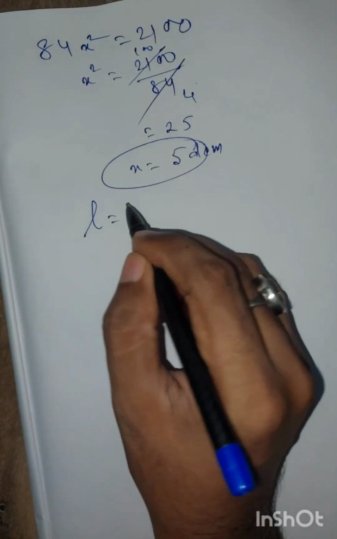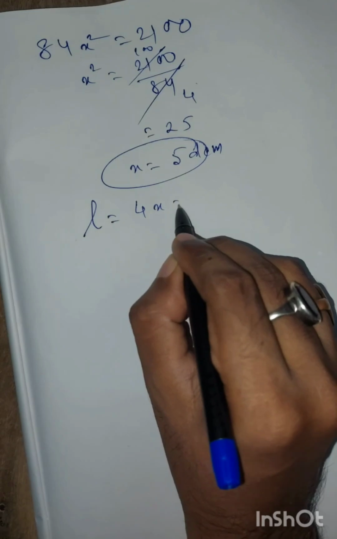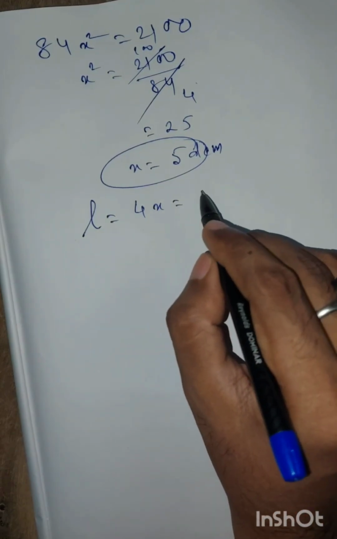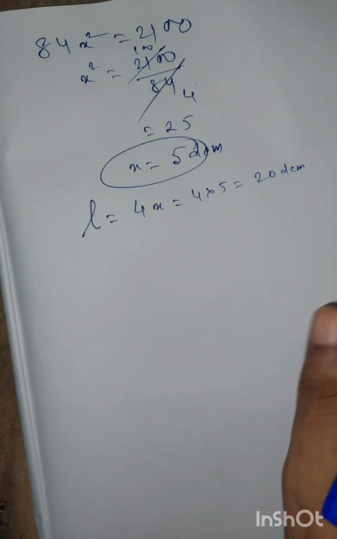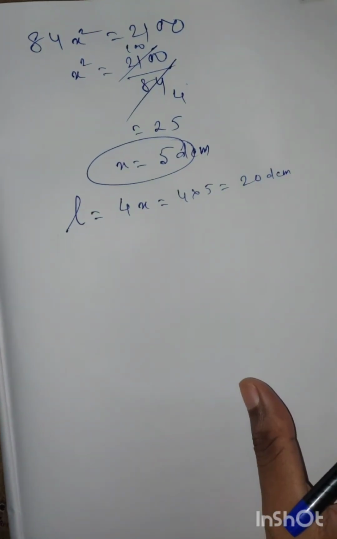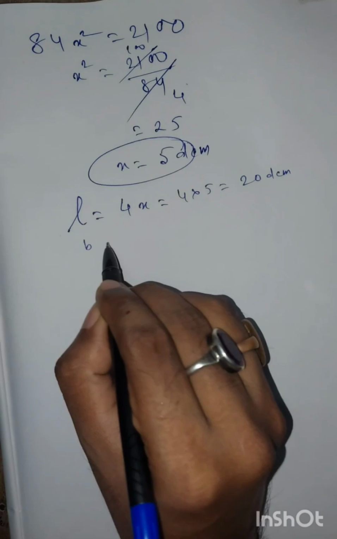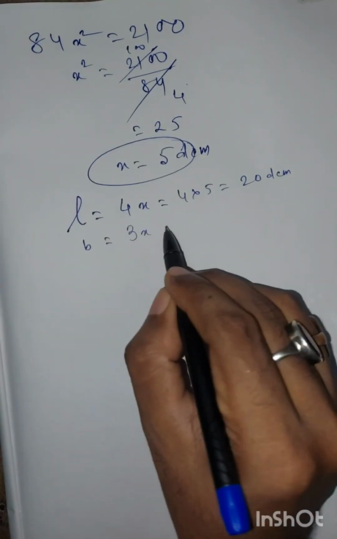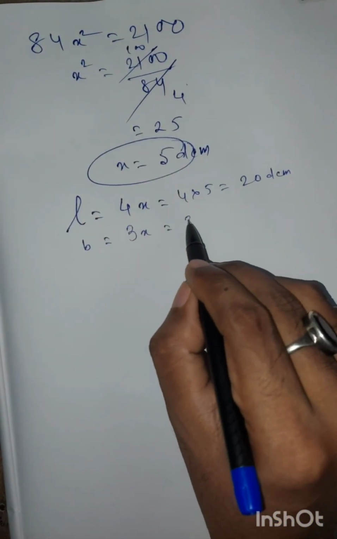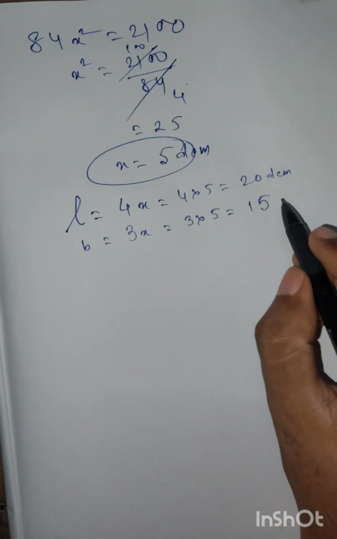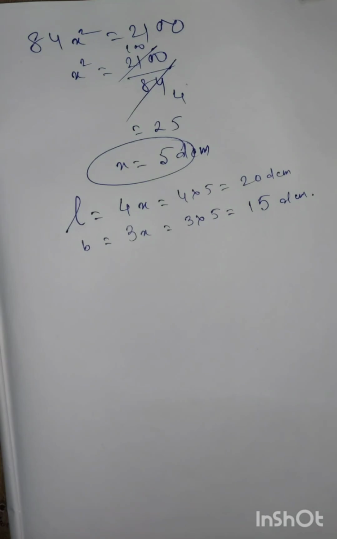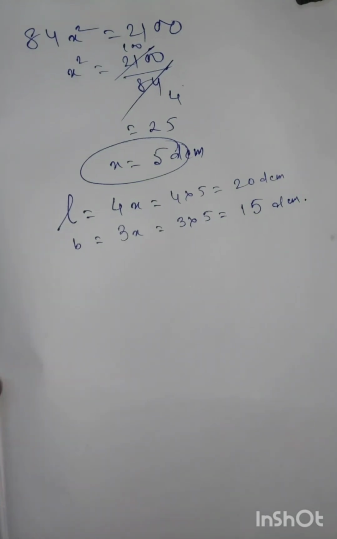Therefore length is equal to 4x, that means 20 decimeter, and breadth is 3x, that means 15 decimeter. So we have determined its length and breadth.